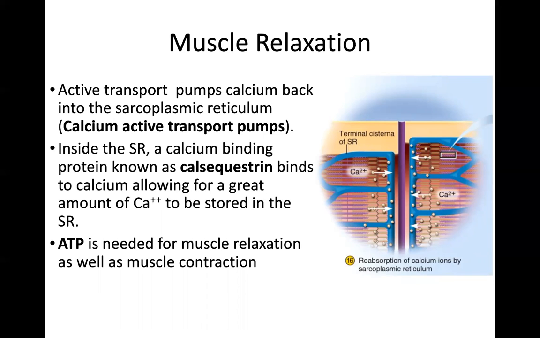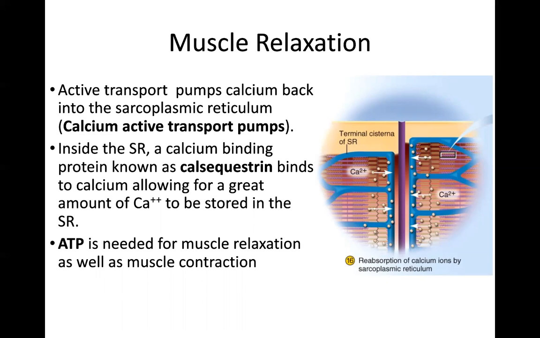Back in the sarcoplasmic reticulum, back in the SR. And in order to do so, we have some special pumps, what we call the calcium active transport pumps, or as they'll sometimes be labeled, calcium ATPase pumps, which is a good name because ATP is needed, and we should know that by now. Active transport, remember, is where we're going from low to high, and therefore need energy in the form of ATP, although it's not shown in the figure here.